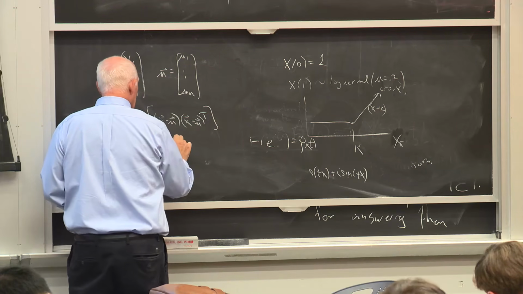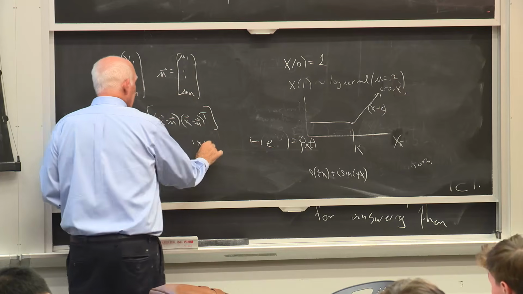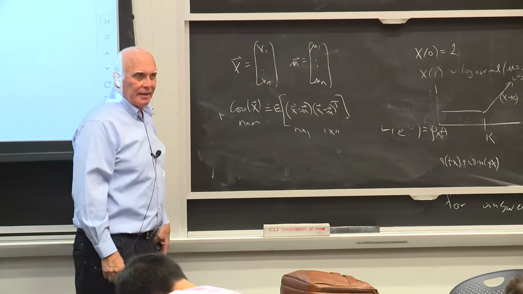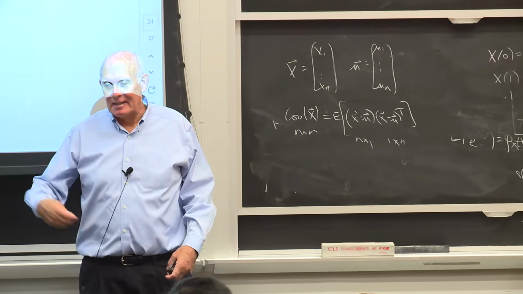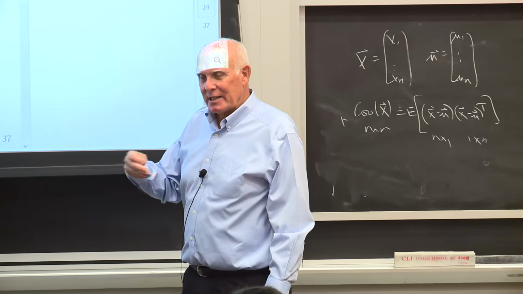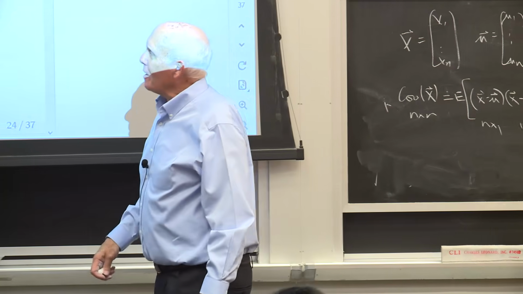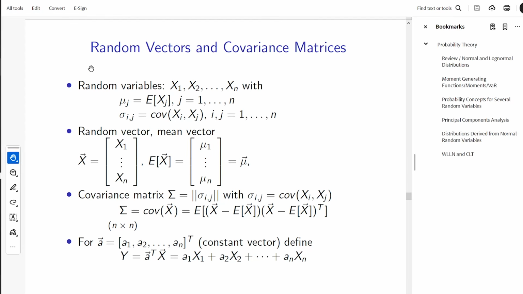And so this is an n by 1, this is a 1 by n transpose. And so we get an n by n matrix where we take expectations element by element in that array. So this is a nice way of representing the covariance matrix.